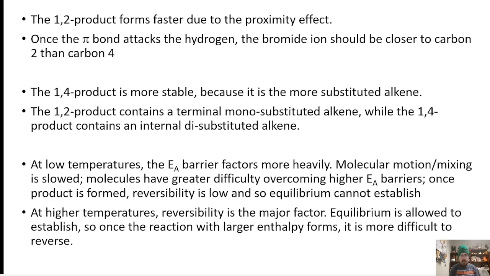Molecule motion and mixing are slowed. Molecules have greater difficulty overcoming higher activation energy barriers. Once product is formed, reversibility is low, so equilibrium is not allowed to establish. At high temperatures, reversibility is the major factor. Equilibrium is allowed to establish, so once the reaction with the larger enthalpy forms, it's difficult for that to reverse.